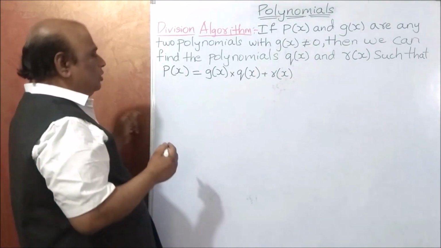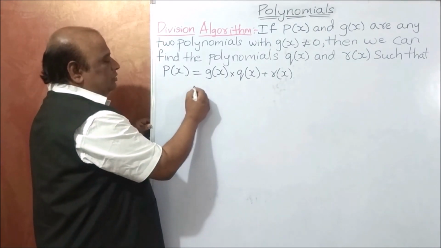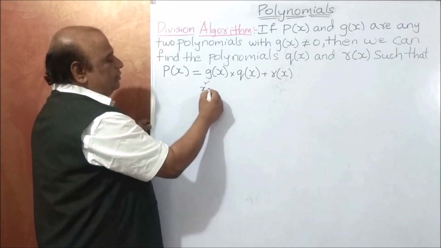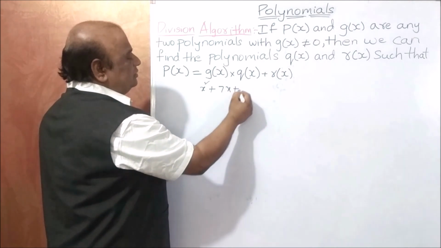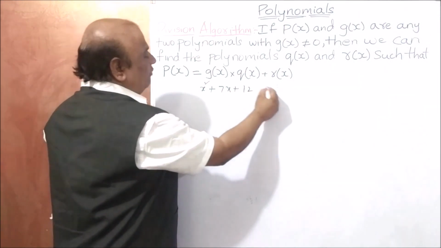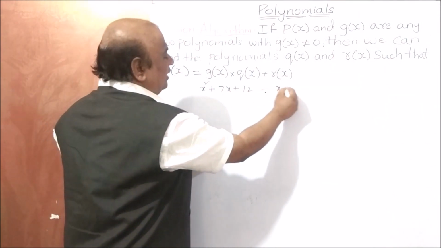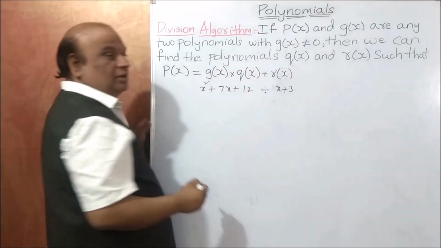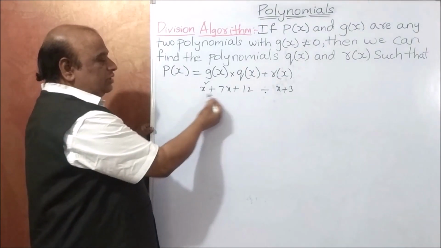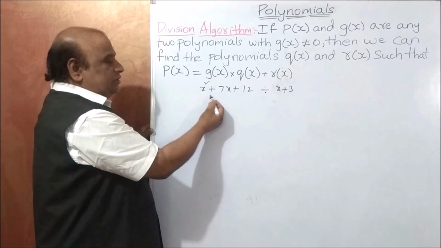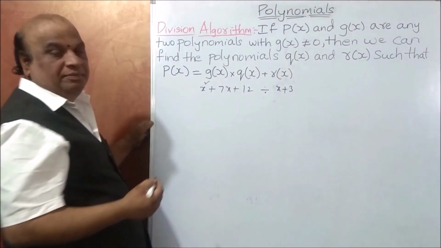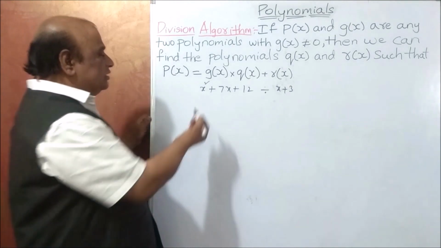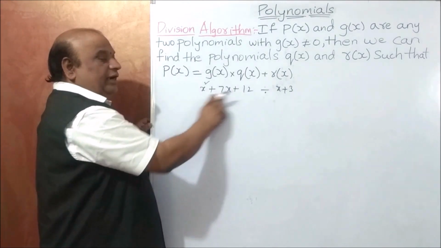For example, I will show: suppose x square plus 7x plus 12 is divided by x plus 3. Here this is a quadratic polynomial. Here, actually, this is the dividend.